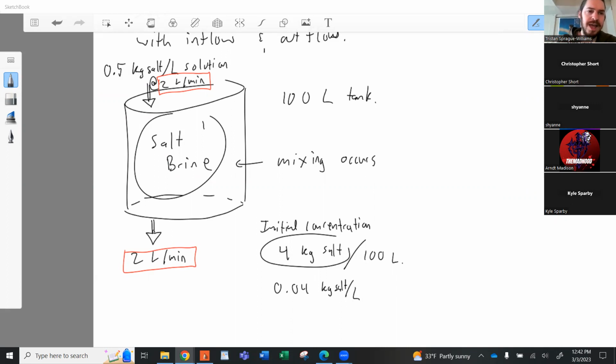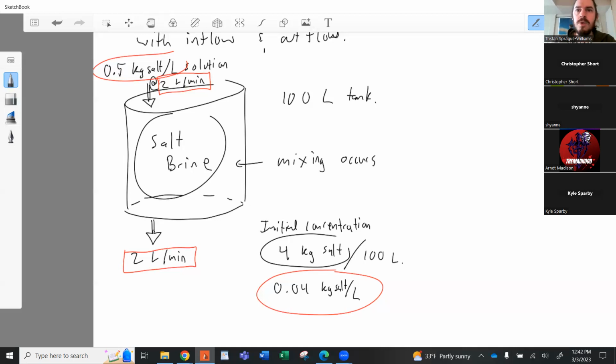Just looking at it intuitively, we can see that if we start with a concentration of 0.04 kilograms of salt per liter, but we're putting in 0.5 kilograms of salt per liter, then the salt concentration of the brine that's going into the tank is a lot higher than that which is in there to begin with. So over time, with the mixing and the inflow and outflow, the salt concentration is going to increase, right?